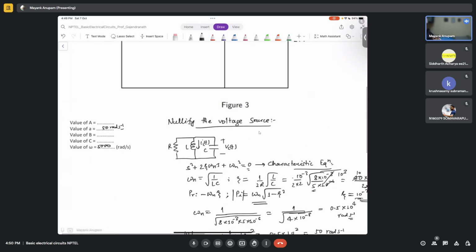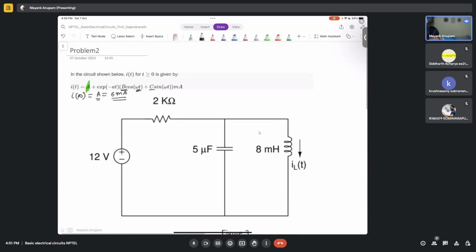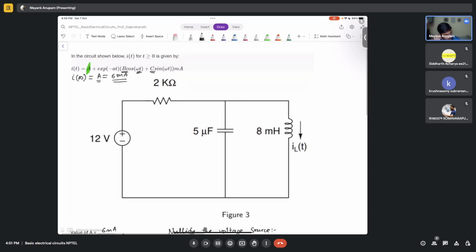Now tell me what are the values. So A we already found out, 6 milliamperes. Tell me what will be the value of B and C. So what is the initial current here? Since nothing is given, what do we assume? Since nothing is given here, I simply assume that IL of 0 is 0, right?